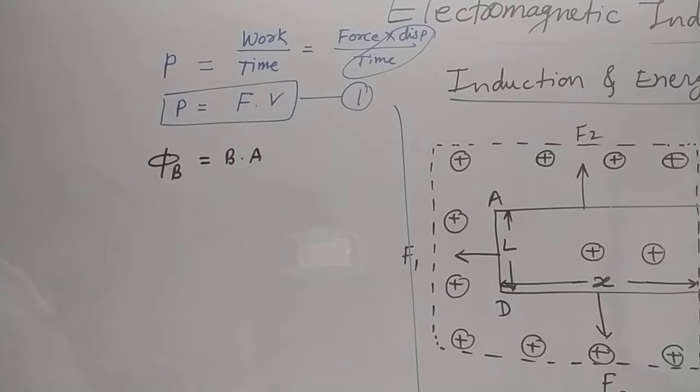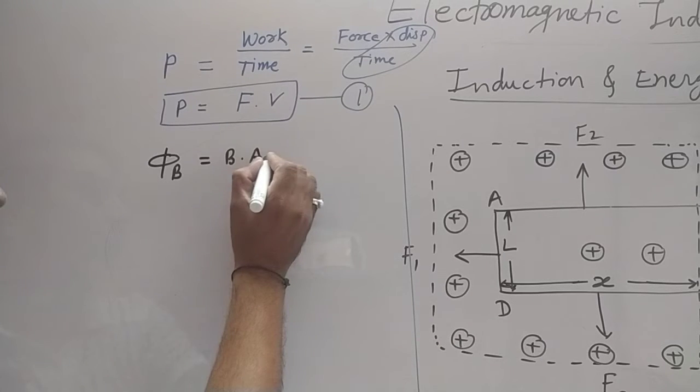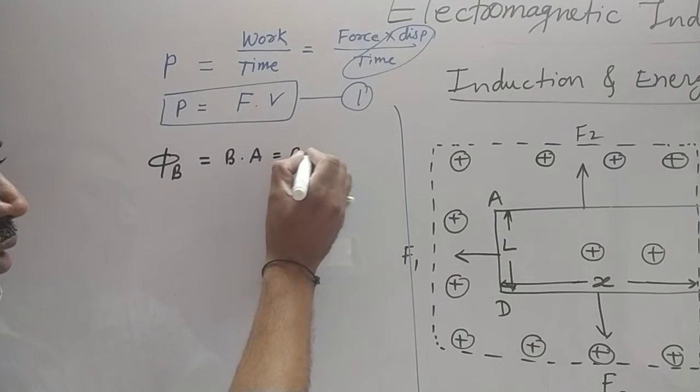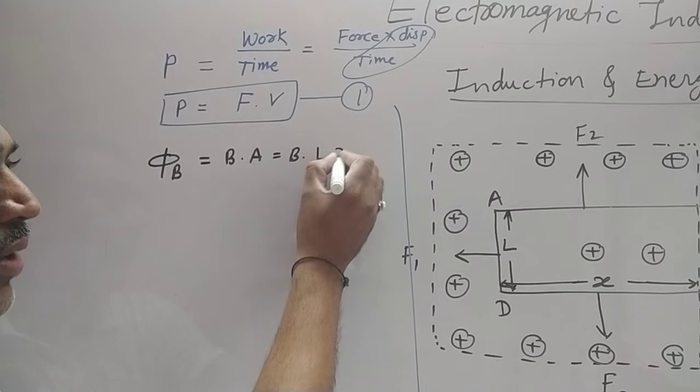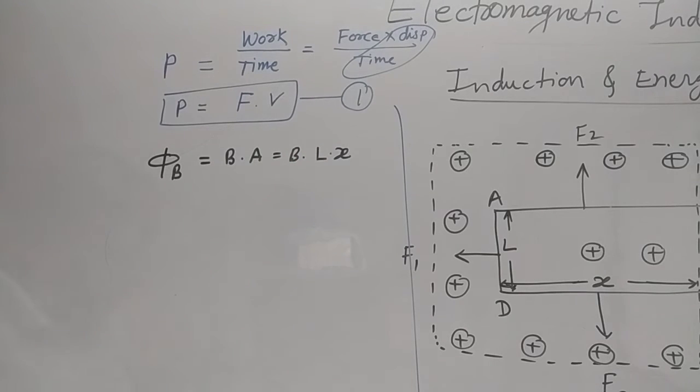Area is length into width, so here it is B into L into X, which gives the magnetic flux. As this flux links with the coil during its motion, there must be production of EMF.